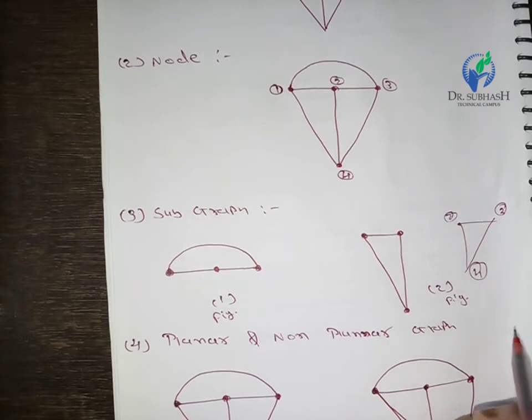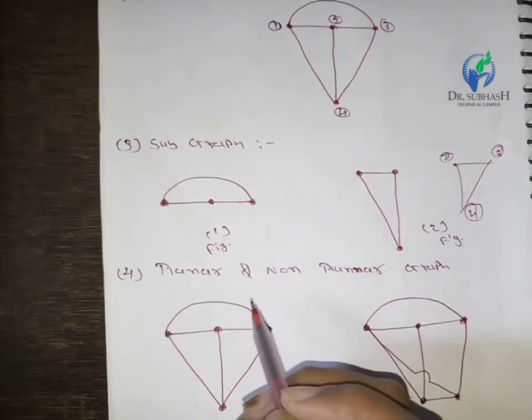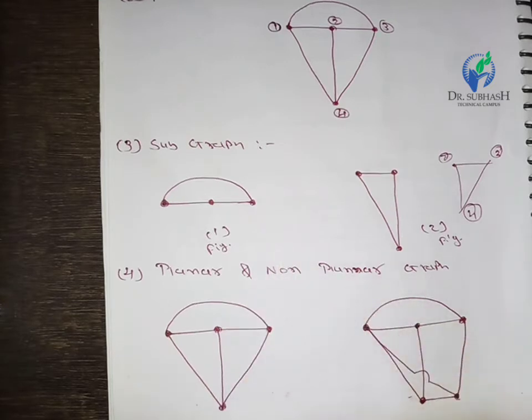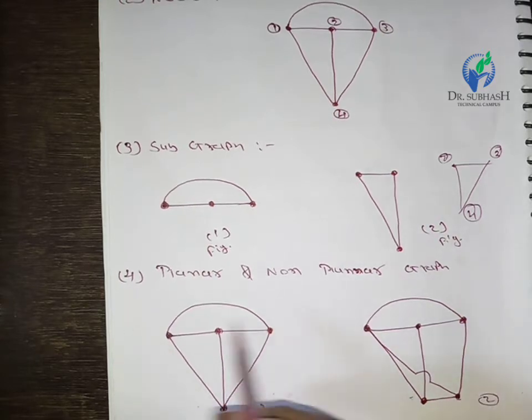Now the next point is the planar and non-planar graph. Here is a planar and non-planar graph figure. A graph drawn on a two-dimensional plane is said to be planar if its branches do not cross over at a point other than a node.